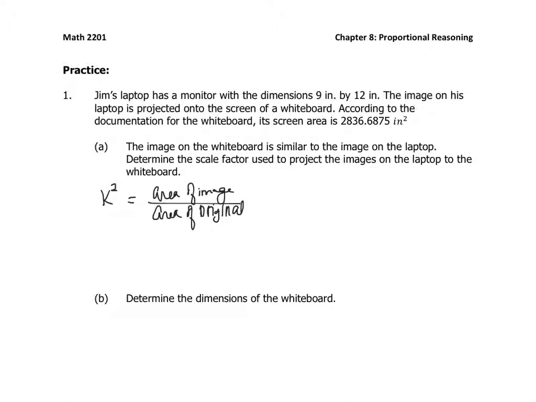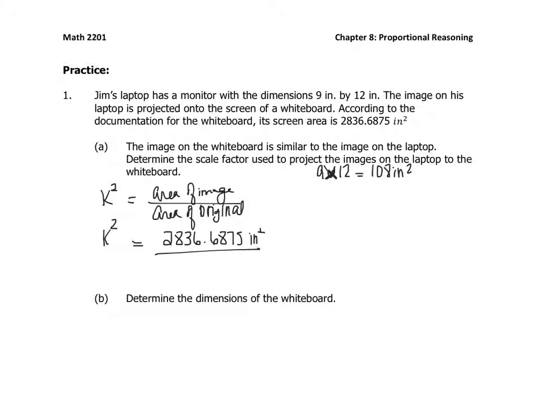And we're looking for the scale factor, so we don't know what that is, but we know that k squared equals the area of the image, which in this case is 2836.6875 inches squared, over the area of the monitor image, which is the original. I'm just going to work that out up here. 9 times 12 is 108 inches squared.